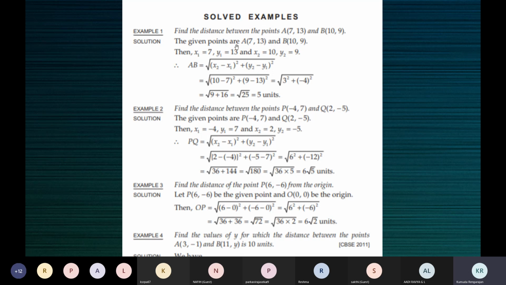So see here, these are 2 points. Look at this, children. AB is equal to square root of, please see this line, square root of x coordinate.